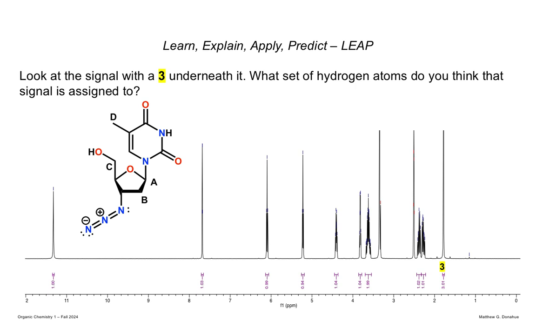I've highlighted one of the signals in yellow there with a 3. Then you have this choice A, B, C, or D. What set of hydrogen atoms do you think that signal is assigned to? D, as in dog, is the correct answer. Why is that?